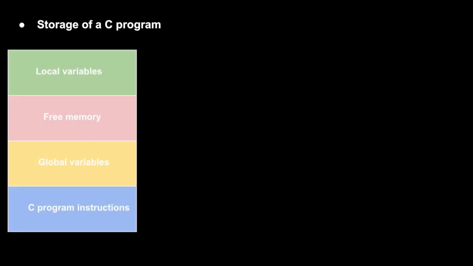Now let's have a look at how memory is allocated to a particular C program. At the very beginning, we discussed that whenever we declare a variable, that variable gets stored at a certain block of memory with a certain address. In the same way, the picture here shows the view of the storage of a particular C program in memory, like how a complete C program is stored in memory.